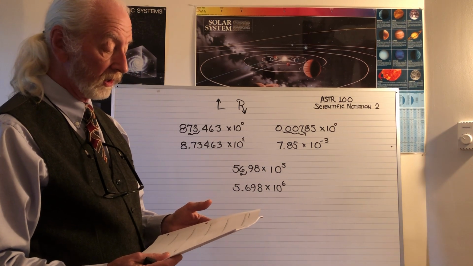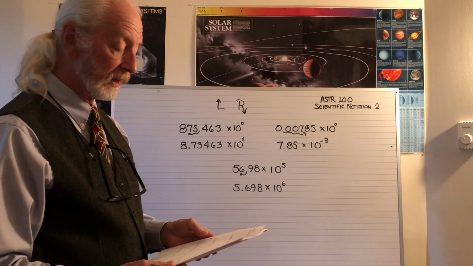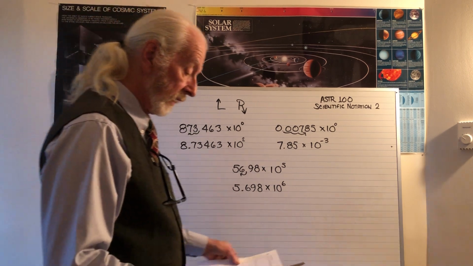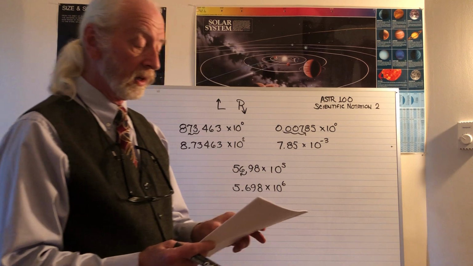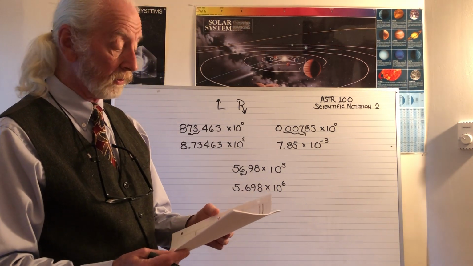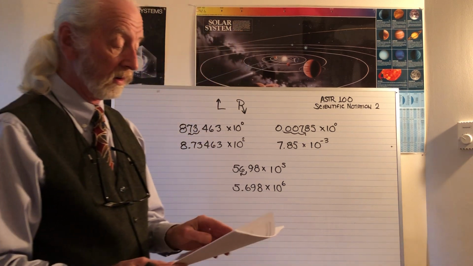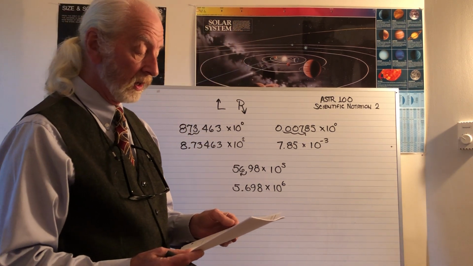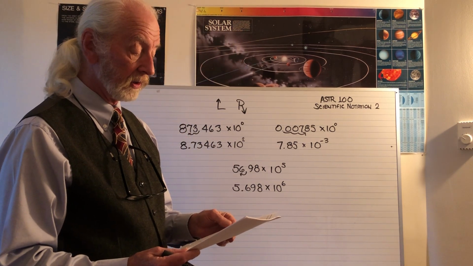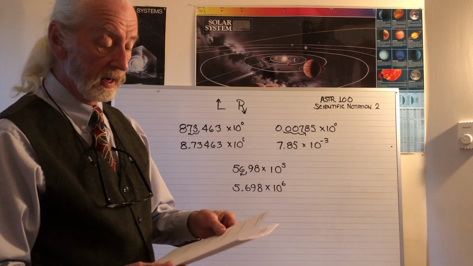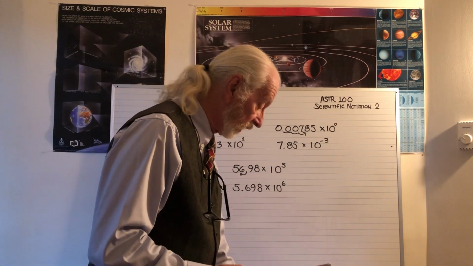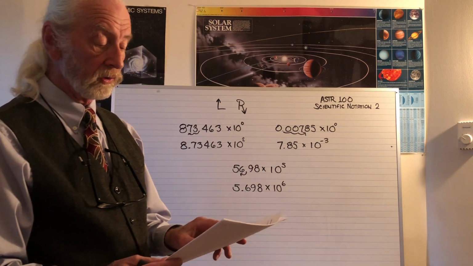Convert to scientific notation 5,280 feet. And then the next page, page 14, shows you the answers and the how-to. Page 15, more lab exercises. 5.678 times 10 to the 0. And page 16, there's the answers.